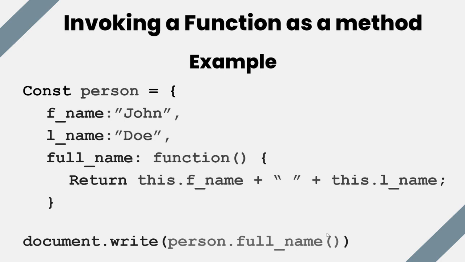We already know why it has the parenthesis, and that's because fullName has a function declaration as its value. So this would return this.first_name concatenated with a space and then this.l_name, which means last name. So this entire code would return John Doe with a space in between. And that is how you can return a function that serves as an object method.